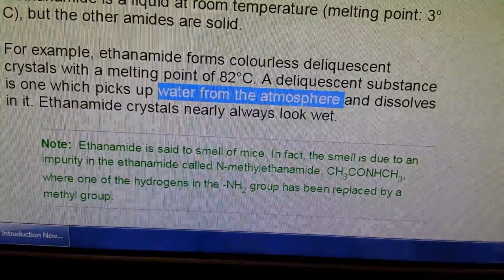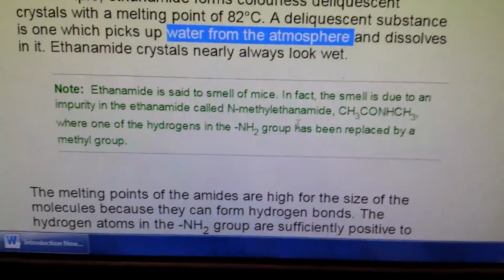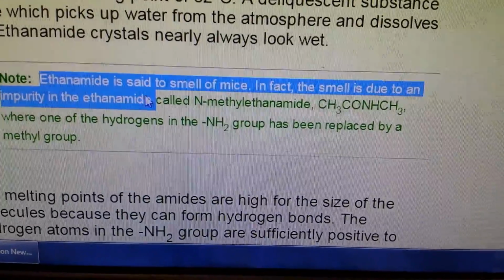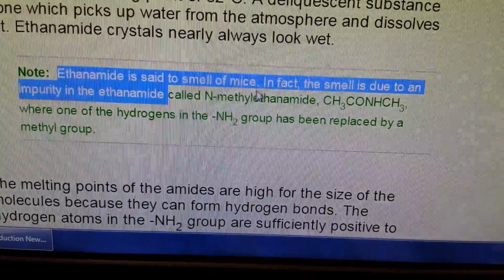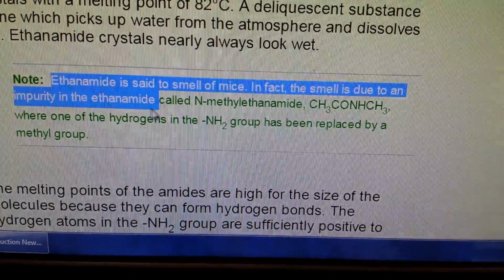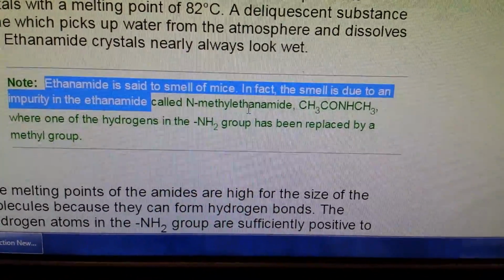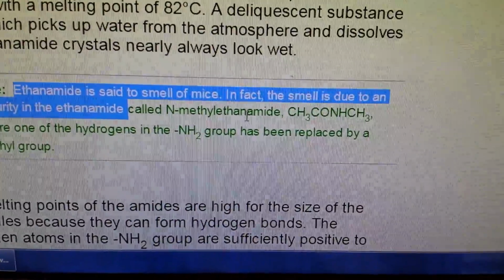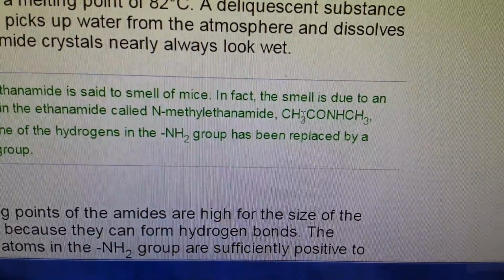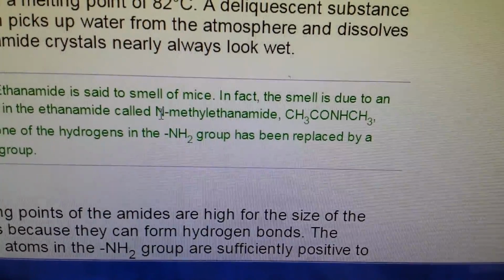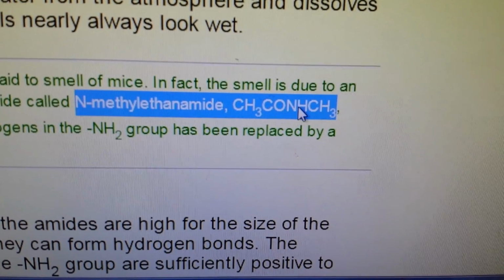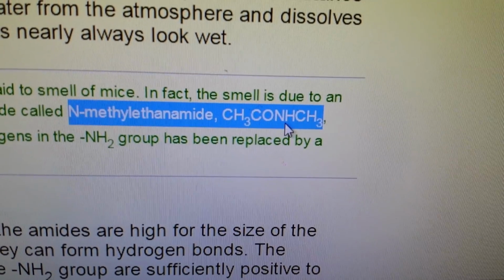Ethanamide crystals nearly always look wet. This is the reason. There is a note: ethanamide is said to smell of mice. In fact, the smell is due to an impurity in the ethanamide called N-methylamide. Why do you say this one is N-methylamide? If you see, this is an amide, and due to this NH, this is amide.